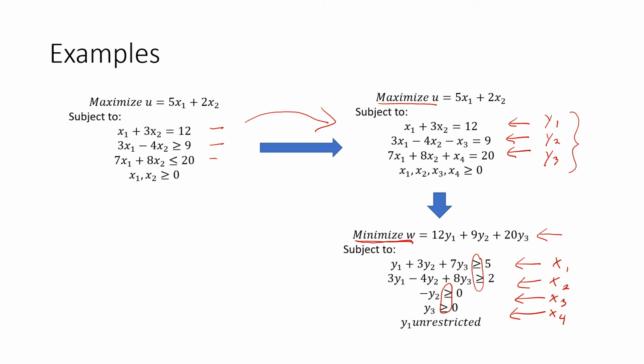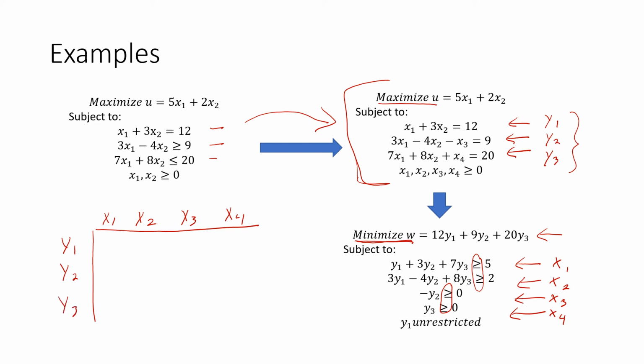So just to try to make this a little bit easier, I'm going to take this equation, the equality equation, and just put the things into a chart. So we have x1, x2, x3, and x4. Our constraints, our new variables are y1, y2, and y3. And our z, or sorry, it's not a Z in this case, it's a U. And across here we have a W.